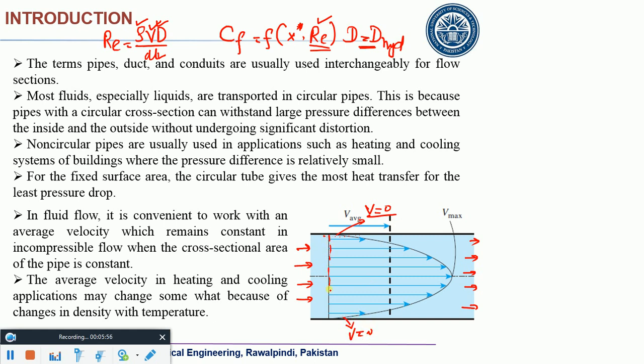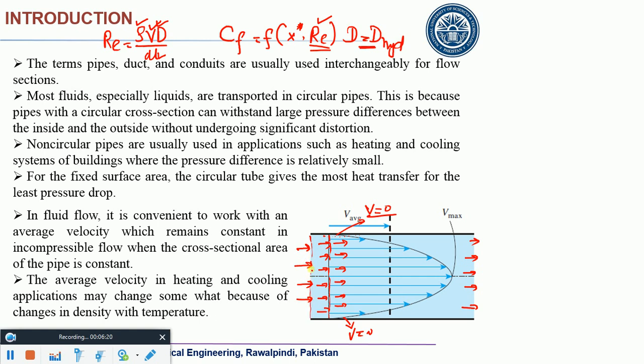For example, if you just look at this section, there is a mass flow rate coming in. This mass flow rate needs to be constant. Why? Because you cannot store the mass inside this cross section. You have to let it pass through it, right? So these two mass flows should be constant. Just look at the inlet.